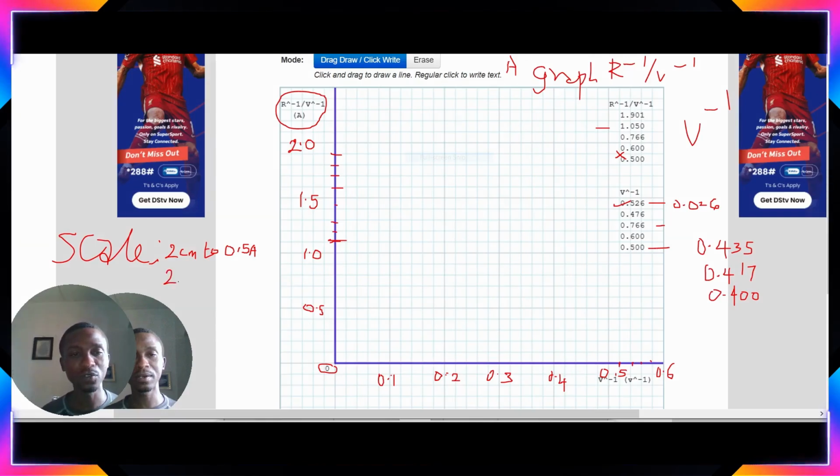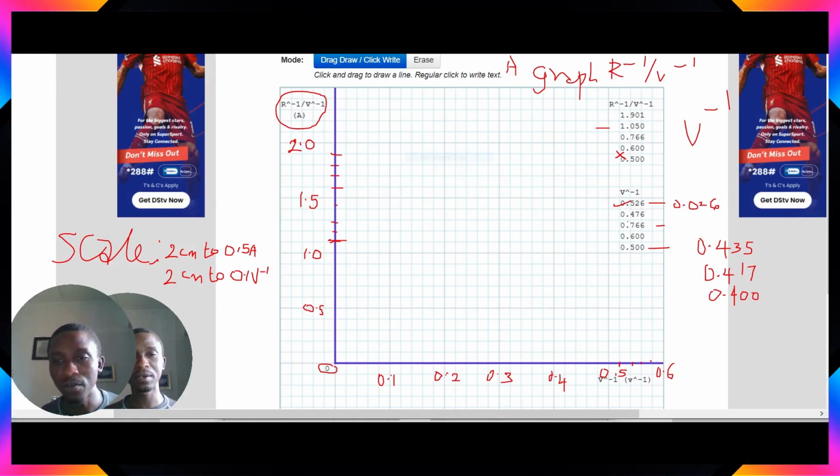We have 2 centimeters, and that is to 0.1 per volt. So going to 0.476. Here is 0.4, and each one here represents 0.02. So this is 0.42, 0.44, 0.46, 0.48.